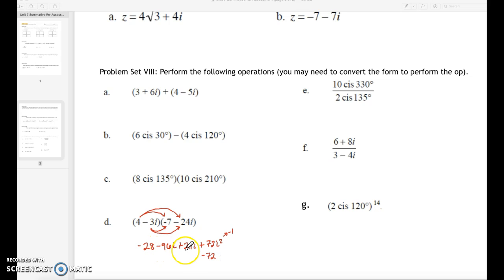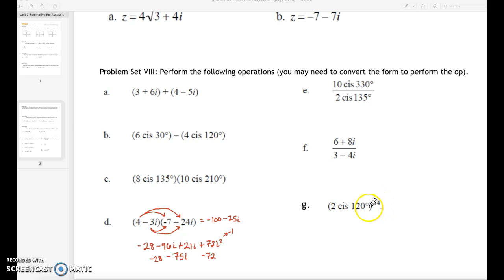Then you've got negative 96 plus 21, so that's going to be a negative 75i. And we've got this negative 28 here in the beginning. So negative 28 minus 72, so we've got negative 100 minus 75i, once you've FOILed everything out.